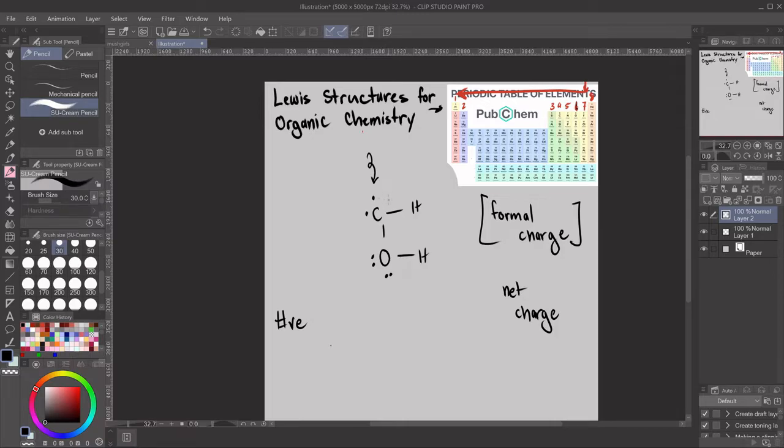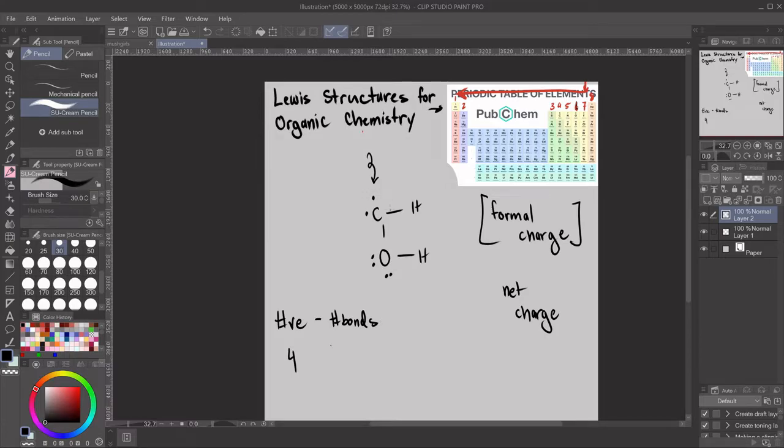So in this case, for carbon, that would be 4, minus the number of bonds. You could also say the number of electrons in bonds, and you can think of it as, well, each atom is sharing a bond, so they're sharing those electrons. So even though each bond has 2 full electrons, only one of those is going to, quote unquote, be owned by the atom that we're looking at.